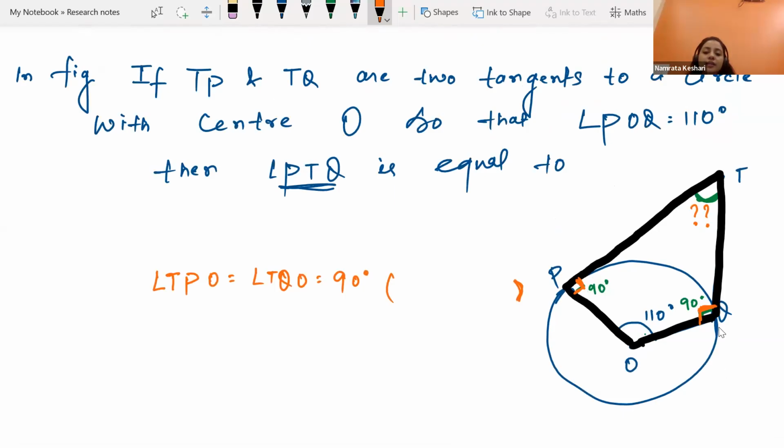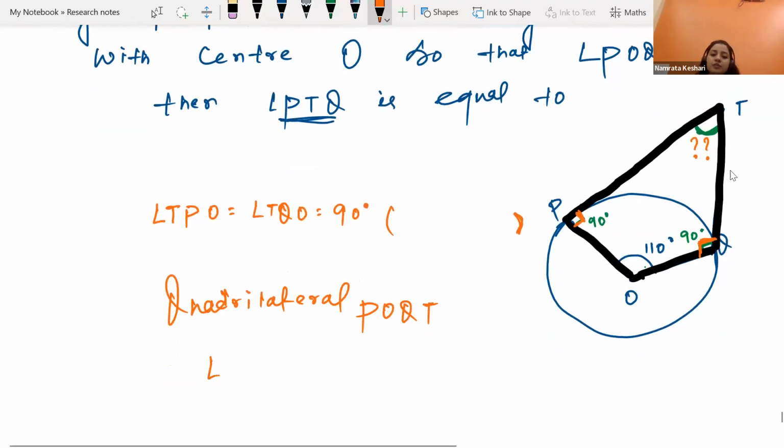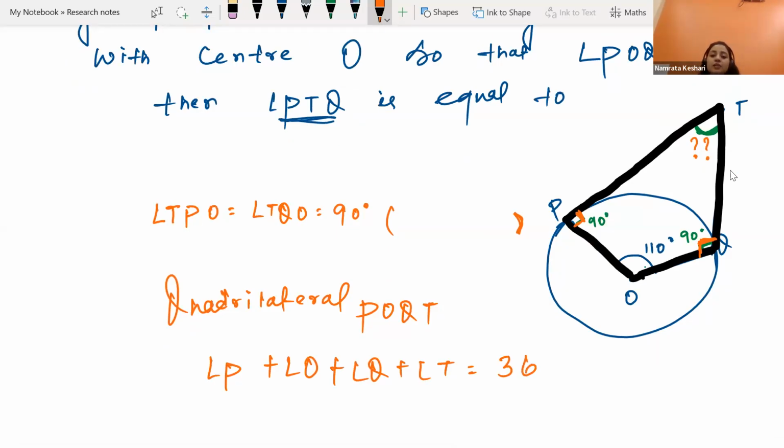So I have written 90 here, 90 here, and now it has taken the shape of a quadrilateral POQT, where the sum of all the interior angles must be 360 degrees. In a quadrilateral, of course, we know that. Now we will add all the angles.